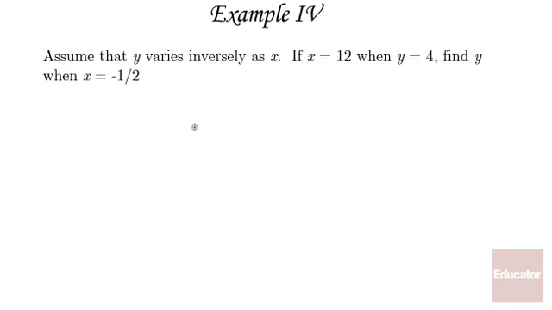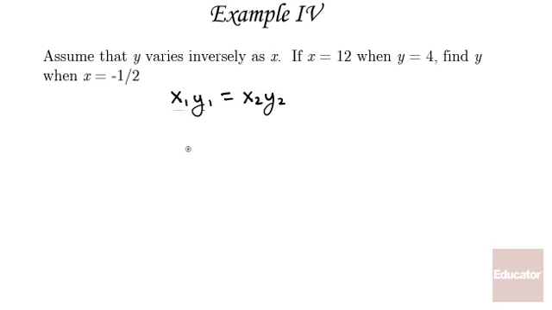Assume that y varies inversely as x. If x equals 12 when y equals 4, find y when x equals -1/2. Again, I'm given 3 points, and I'm asked to find the 4th, so I'm going to use the product rule. x1 y1 equals x2 y2, which follows from the fact that this product and this product are both equal to k.